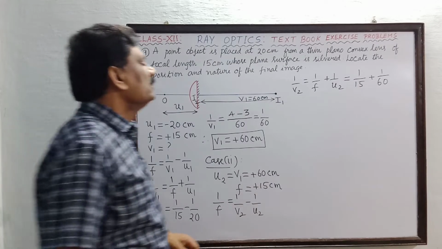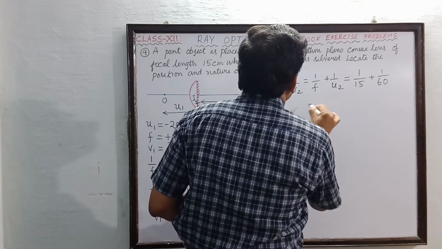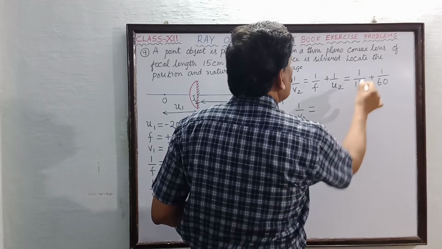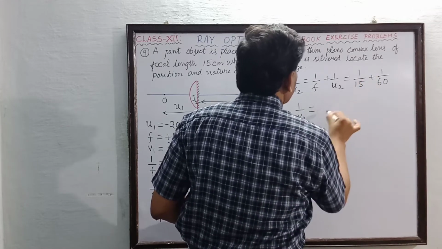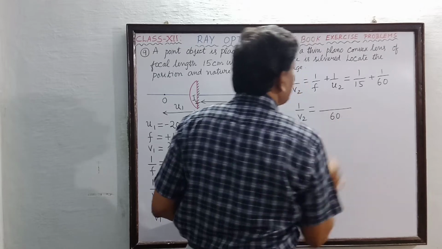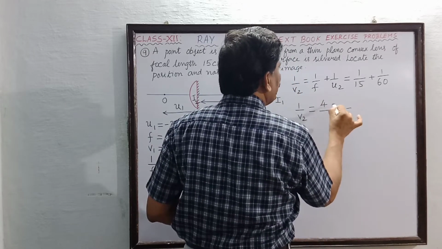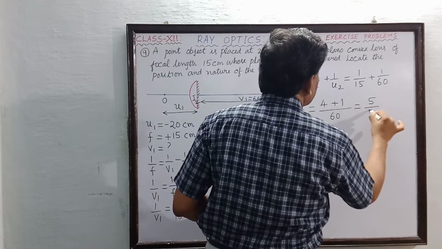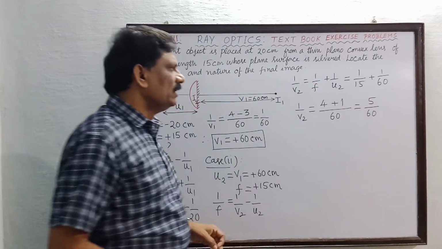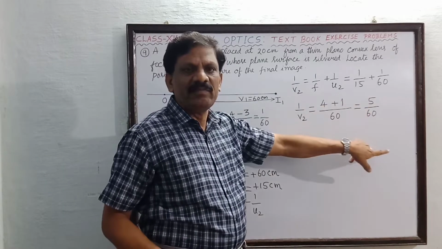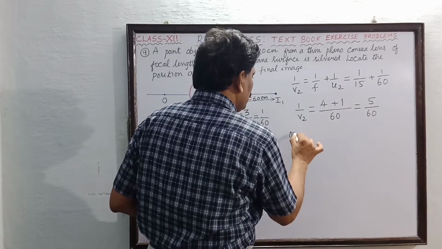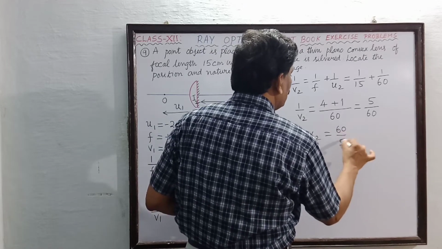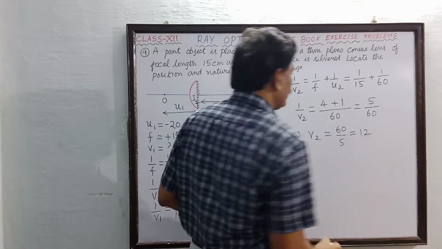So LCM is 60. 15 fours are 60, plus 1. So this is equal to 5 by 60. So 1 by V2 is equal to 5 by 60, or V2 is equal to 60 by 5, that is equal to 12 centimeter.